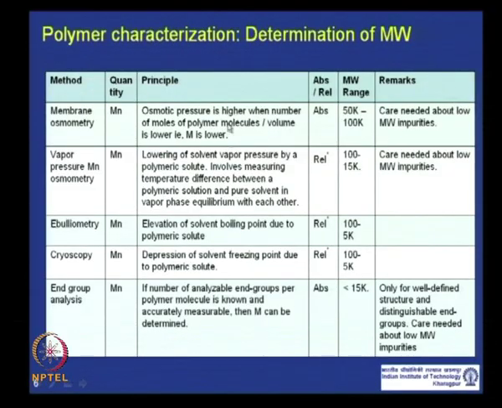One is absolute molecular weight determination, where you do not require any calibration curve a priori by known polymer molecular weights, and there are relative methods, where you require a calibration curve made with polymers whose molecular weight has been determined by these absolute techniques. We will discuss the principle and the process when we discuss these techniques individually.